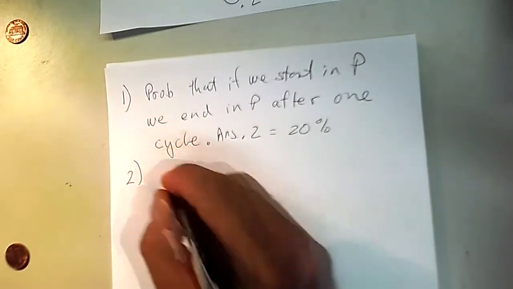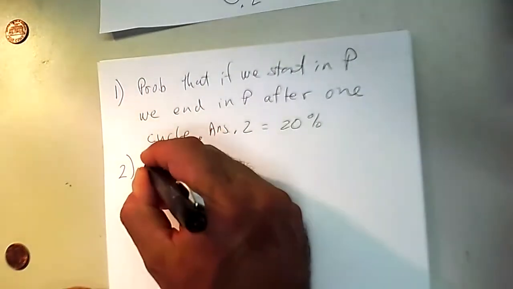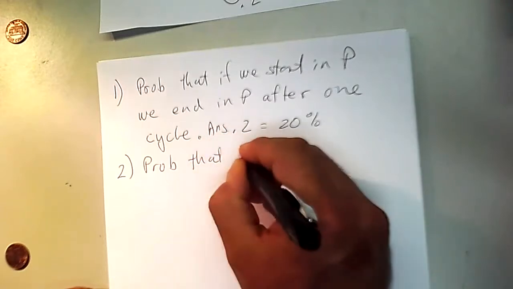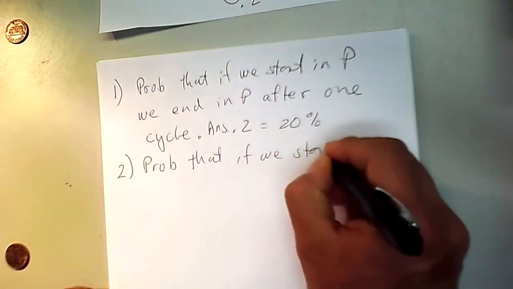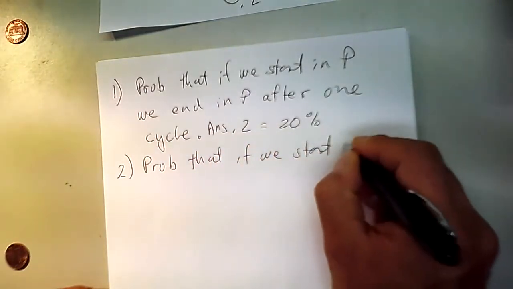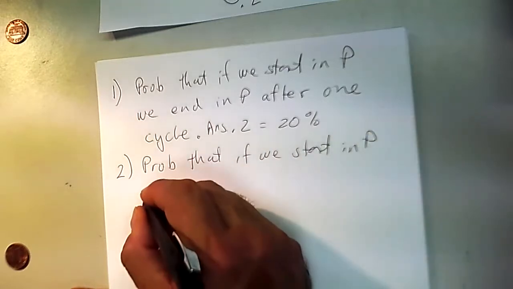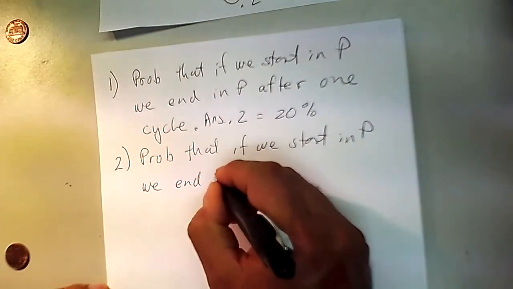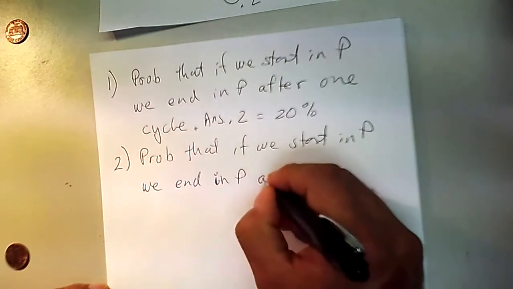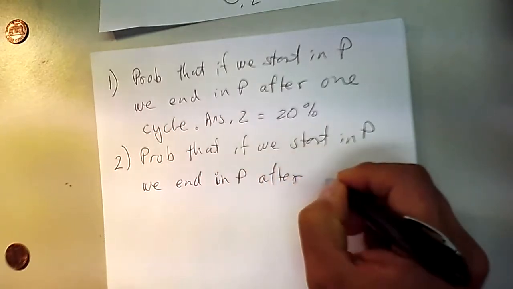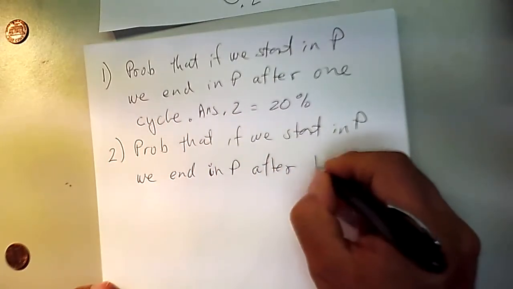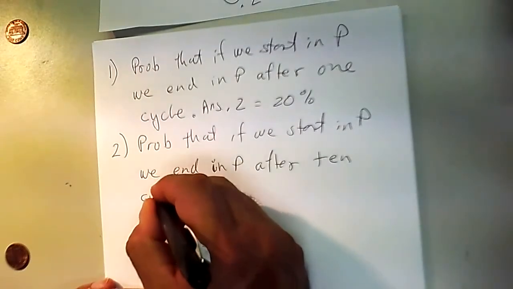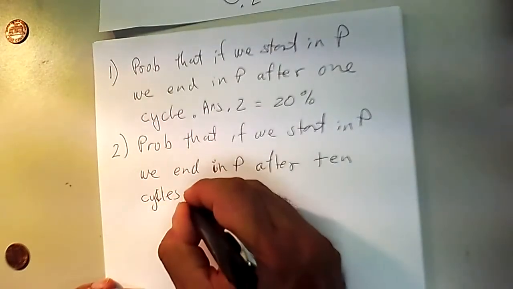Second problem, we want to know the probability that if we start in P, we end in P after, let's just say 10 cycles.